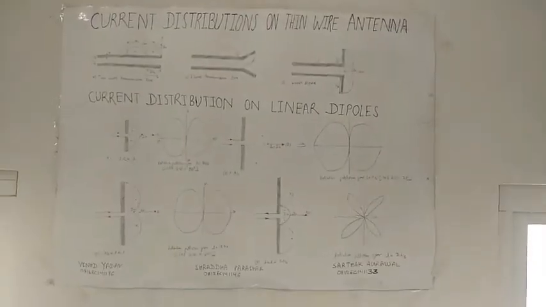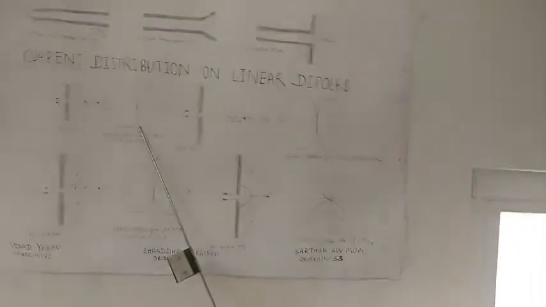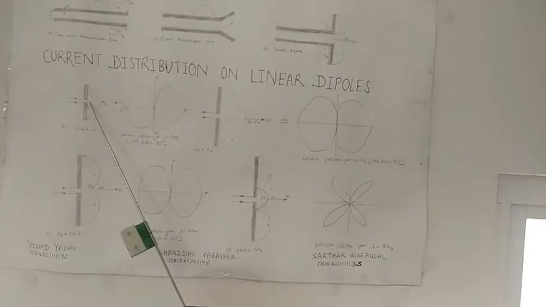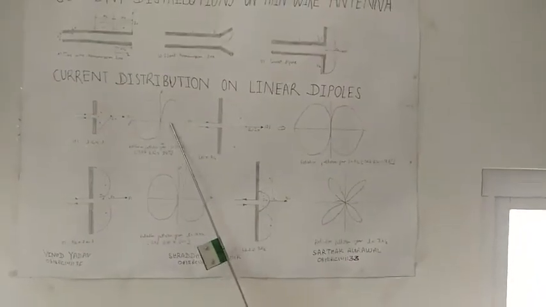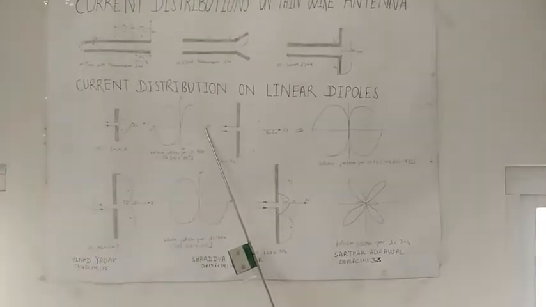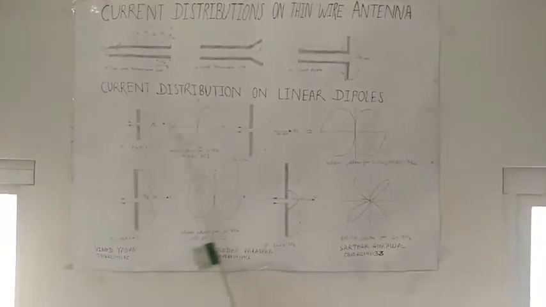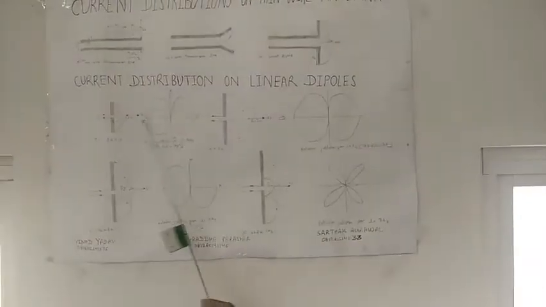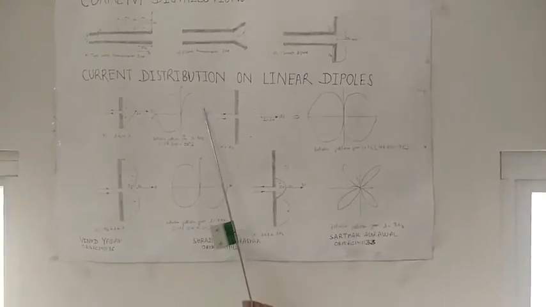So this is the current distribution, and corresponding to it, you can see here, is the radiation pattern. Because current is maximum at the center, the maximum field and power is along the center, perpendicular to the wire.